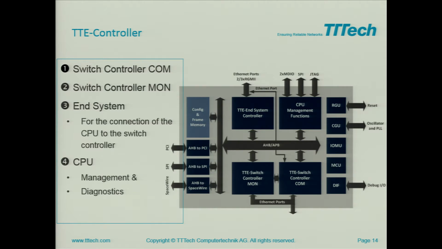The end system controller here is an end system with different host interfaces like PCI, SPI, or SpaceWire interface. Here you can run up to 3 ports, 1 gigabit full line rate on the PCI interface. Or you can use SPI, quad SPI up to 200 megabit. Or a SpaceWire interface to connect to the end system.